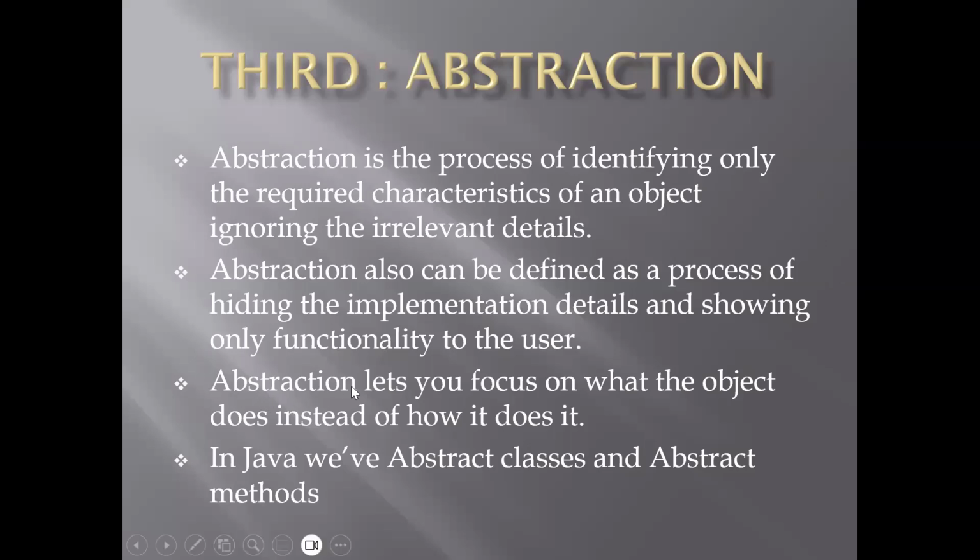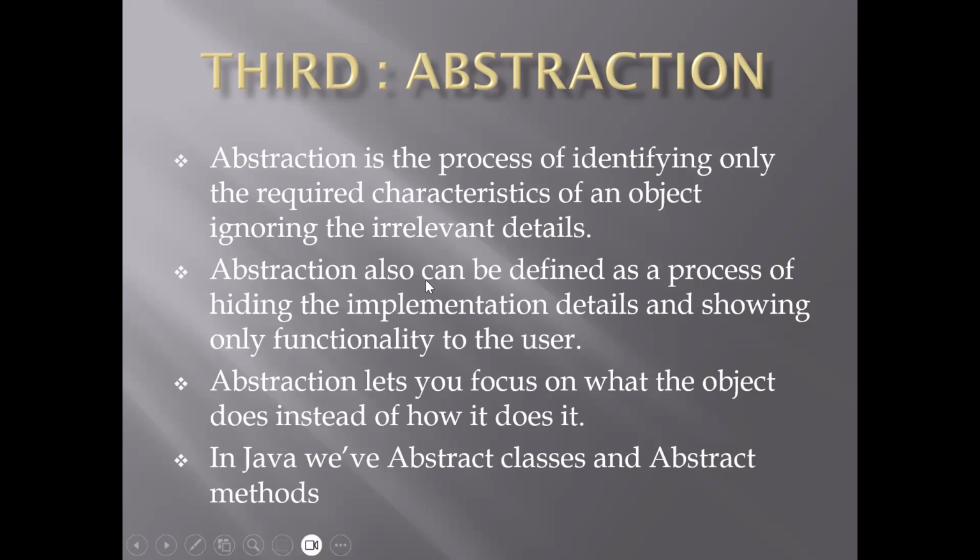Look at this line: abstraction lets you focus on what the object does instead of how it does it. So it's a form of focusing on the characteristics, but ignoring the details for a while. That's the main concept.